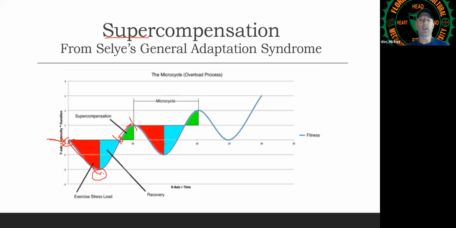So one of the things to keep in mind for the strength coaches out there and for my coaches in general is that the changes in the body are happening subcellularly.